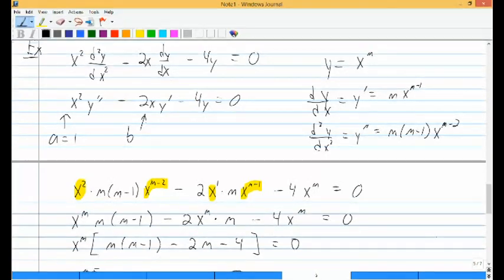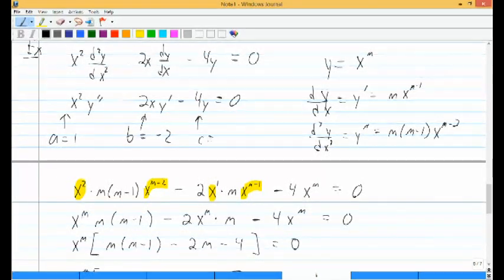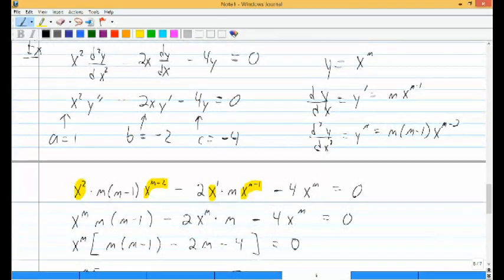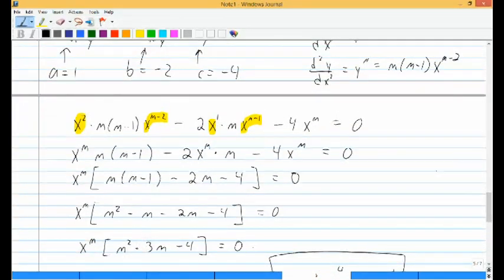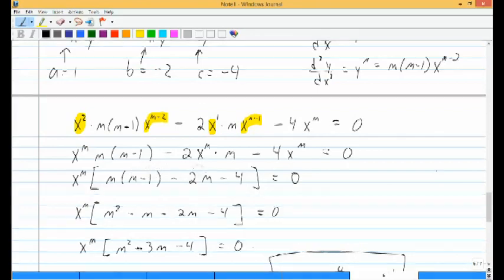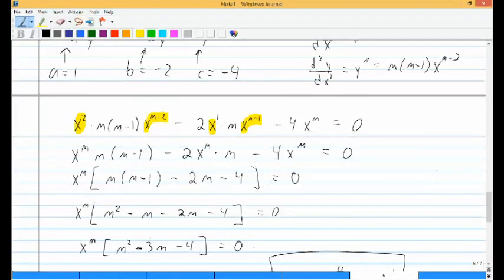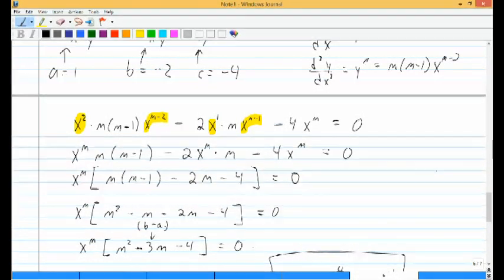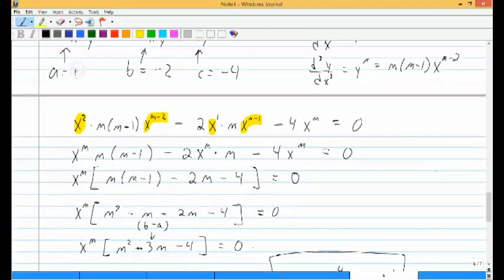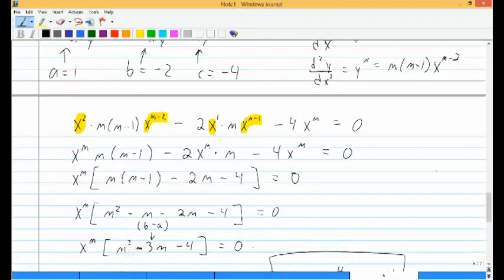The b here is equal to negative 2, and the c here is equal to negative 4. So if you wanted to skip all of this factoring, you see where I got a negative 3 when I went through and factored out and simplified? That negative 3 is actually b minus a. Because b is negative 2 and a is 1. Negative 2 minus 1 gives you negative 3, right?